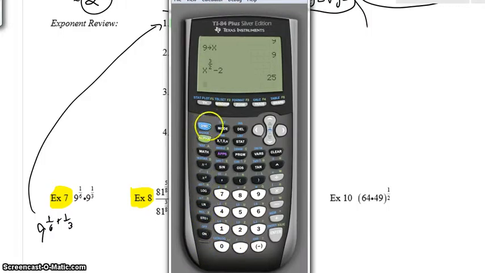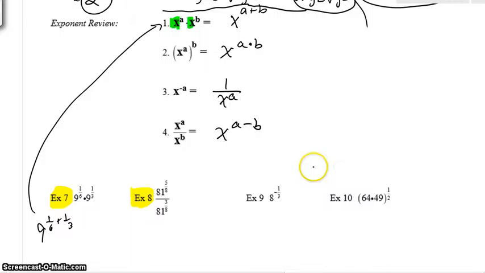Many of you will find it to be quite quicker to add this together just by hand. But if you've struggled with fractions in the past, you can see that actually works out to a half.